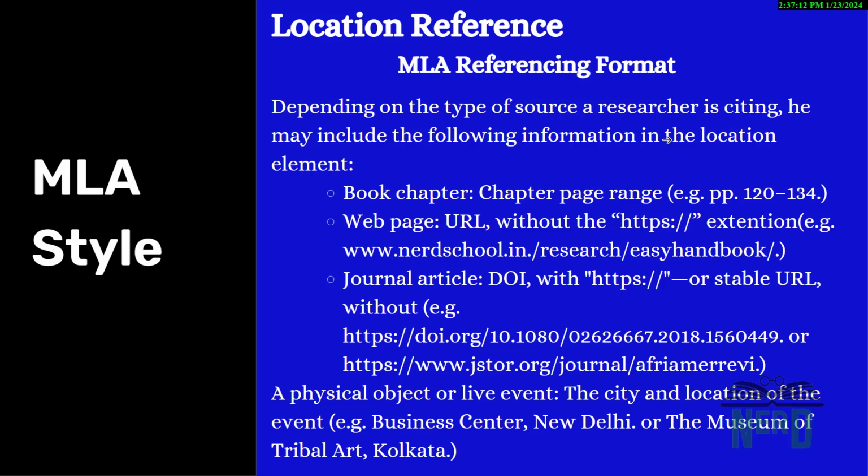You don't have to mention HTTPS and colon and double slash, right? And if you're mentioning a journal article, then there should be a DOI number with HTTPS or a stable URL. So suppose here it is full HTTPS colon double slash and then the DOI number, right?